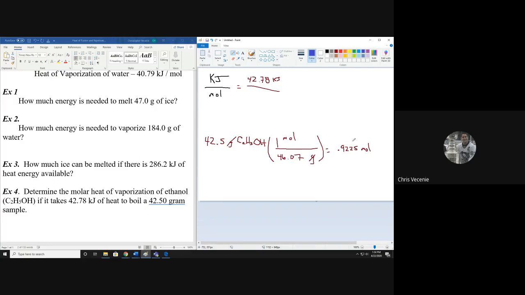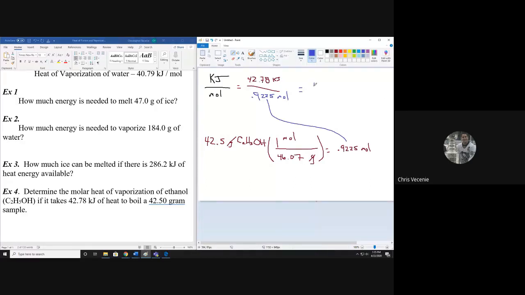it cost us 42.78 kilojoules. So I just bring this guy up here. And I'm just taking the kilojoules divided by the moles. So my 42.78 divided by 0.9225. Okay.